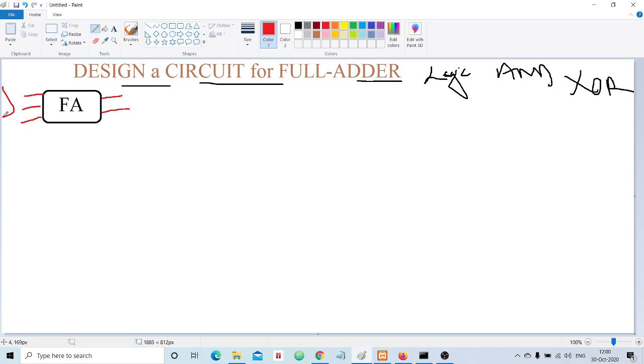So these are inputs, and these are outputs, right? We shall call the inputs X, Y and Z, and the outputs sum and carry out. Instead of writing sum completely, I am using S, and instead of writing carry, I am writing C, right?